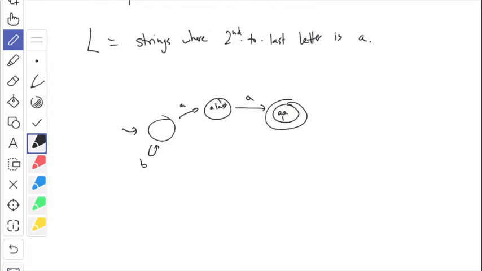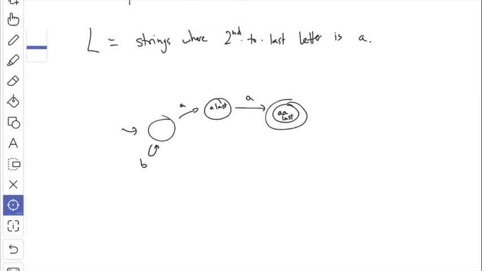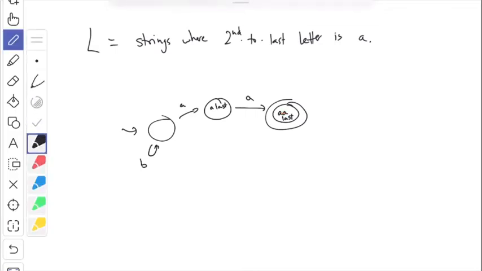If you have an A here, then the last letter is A, but there were previous B's, so this is not accepting. But then if you have another A, then the last two letters are AA, and it should be accepting. You could also do a B here and be accepting.